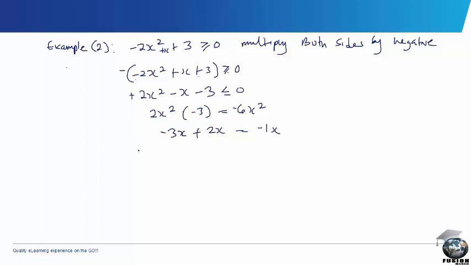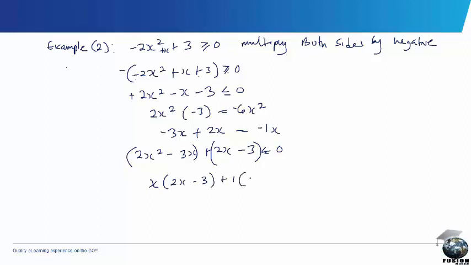So we replace the middle term with 2x minus 3x minus 3 less than or equal to 0, and so we factorize the two terms here. Factorizing them, you have x out of this bracket and 2x minus 3 remaining, and then you have +1 times 2x minus 3, less than or equal to 0.